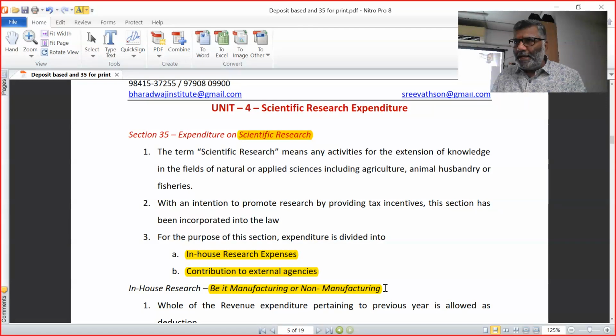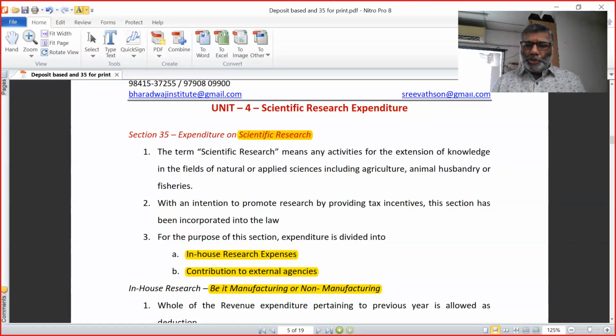Till last year we were studying something known as 32AD, investment allowance, for units located in the four states of Andhra, Telangana, Bihar and West Bengal. 35% is the additional depreciation, and apart from that they get 15% as investment allowance. So if you accidentally spill over an answer, you will get a totally different answer. That should not worry you at all, because our law has changed to a larger extent.